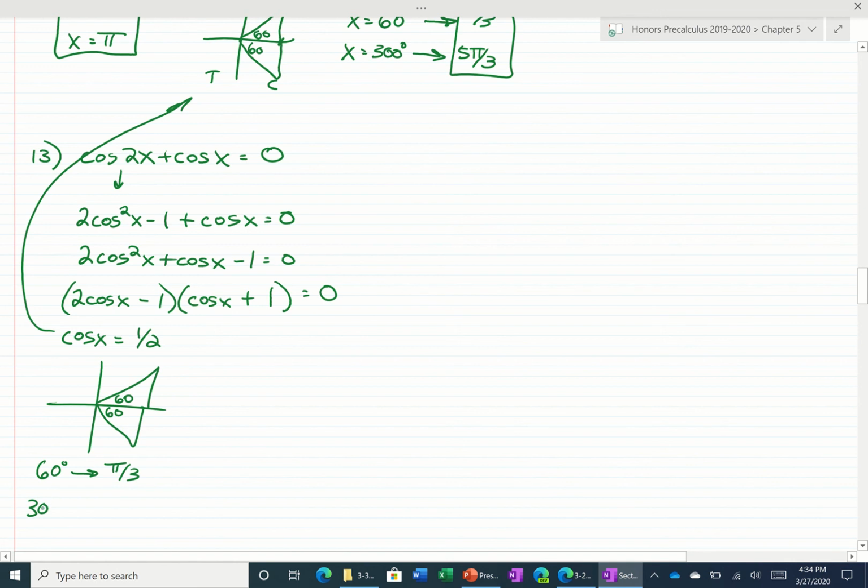If we convert 300 degrees, that would be 5 pi over 3. And then when is cosine of x equal to -1? It's a quadrantal angle. Cosine's the x value, right here at pi radians. So those should be the 3 answers for number 13.